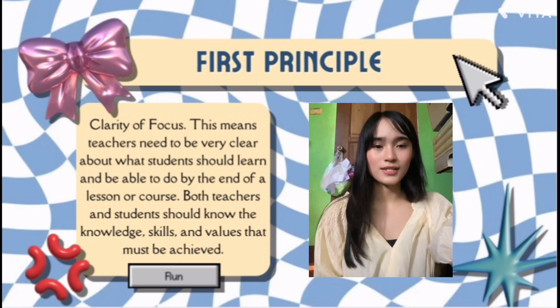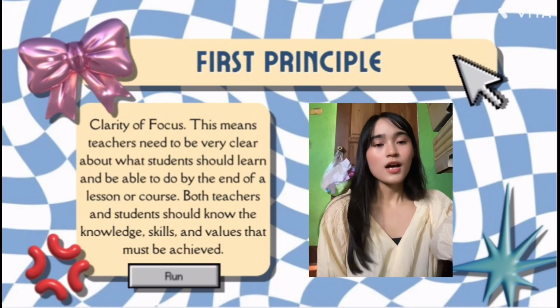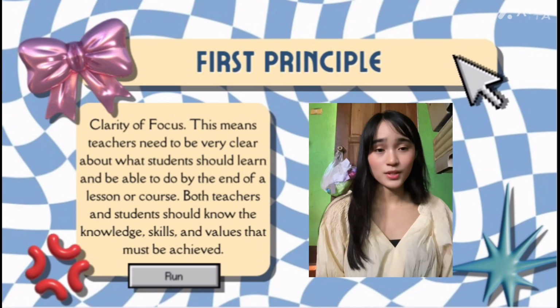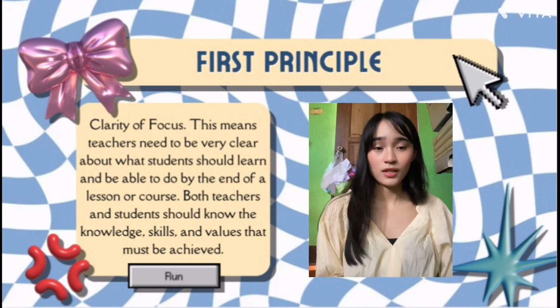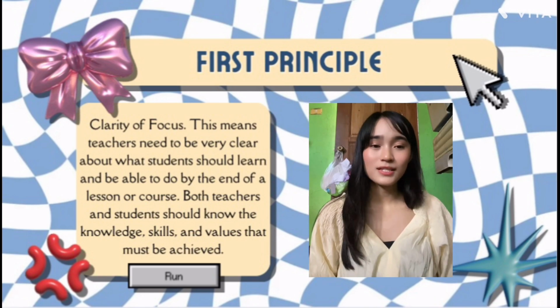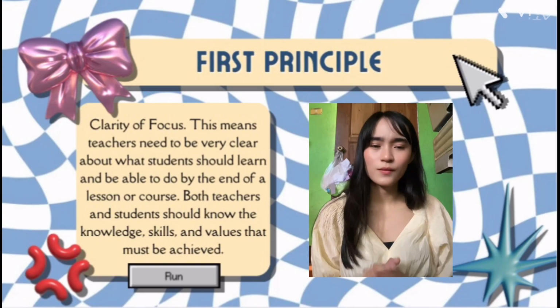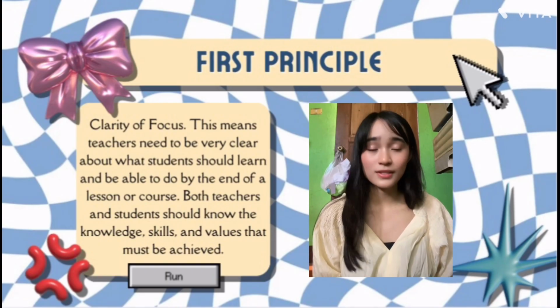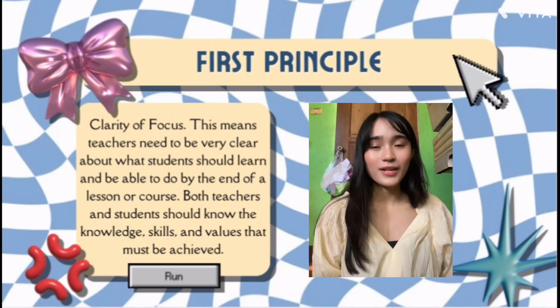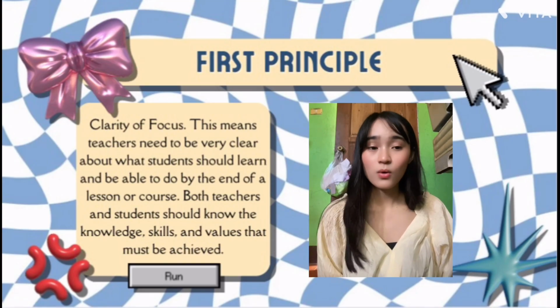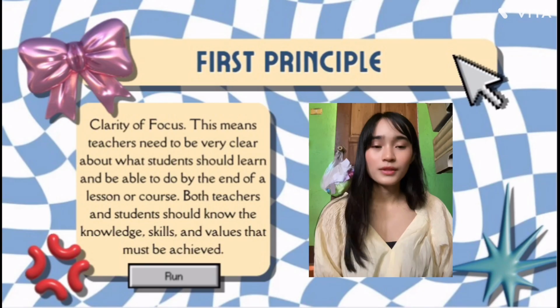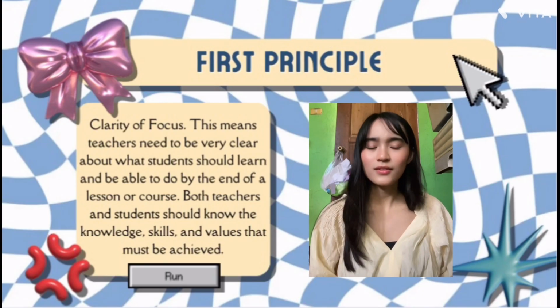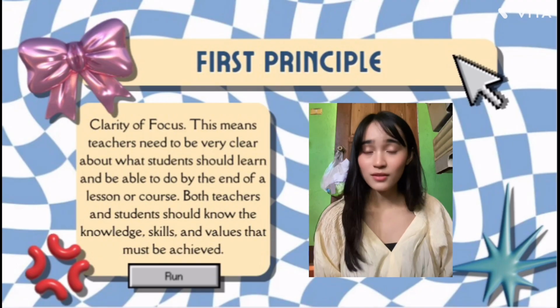So what is principle 1? One of the 4 essential principles of OBE is clarity of focus. This means teachers need to be very clear about what students should learn and be able to do by the end of a lesson or course. Both teachers and students should know the knowledge, skills, and values that must be achieved.